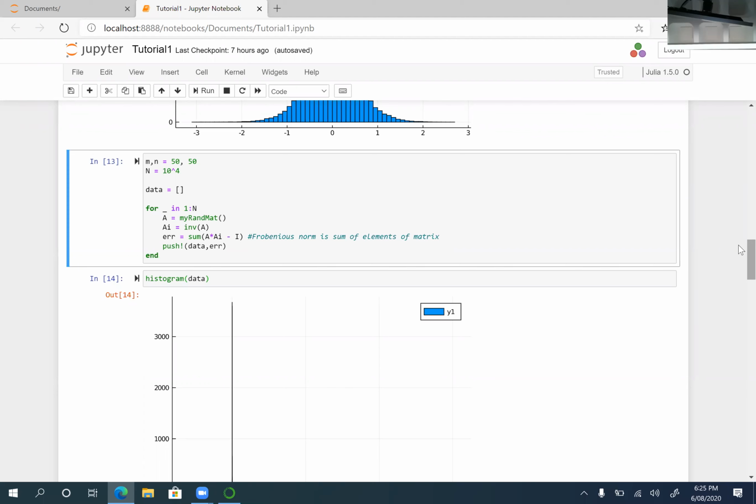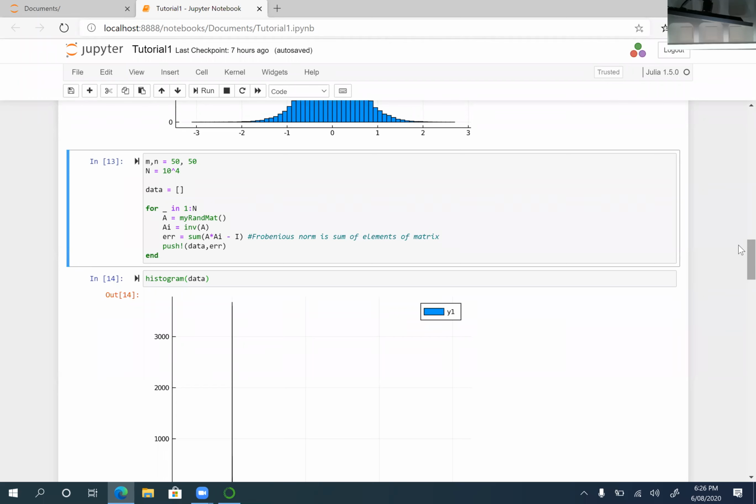So the point is that the inverse is not a perfect inverse of the matrix A. It's an approximated inverse, and that comes with truncation errors. So A times A inverse is not exactly equal to the identity matrix, but it should be pretty close, right? So away from the diagonal of A times A inverse, you should have a lot of numbers in the size of, say, 10 to the minus 15 or something.